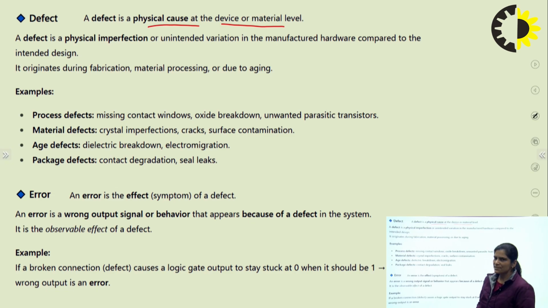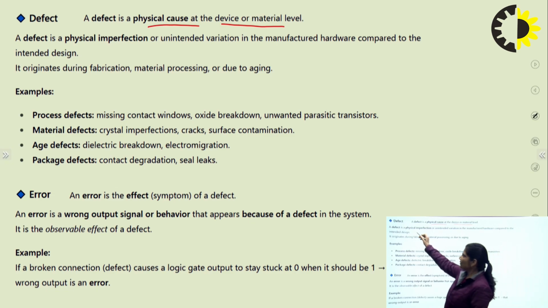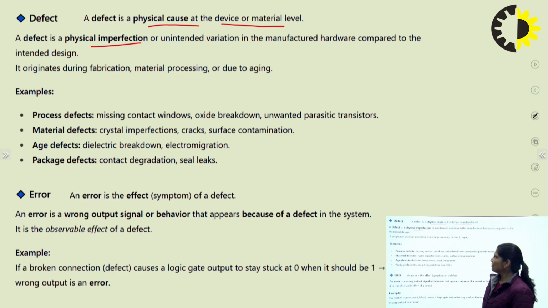A defect is a physical imperfection or unintended variation in the manufactured hardware compared to the intended design. It can originate during fabrication, during the material process, or due to aging, meaning that after so many years of the device's life, there may be a defect. Let us take an example.